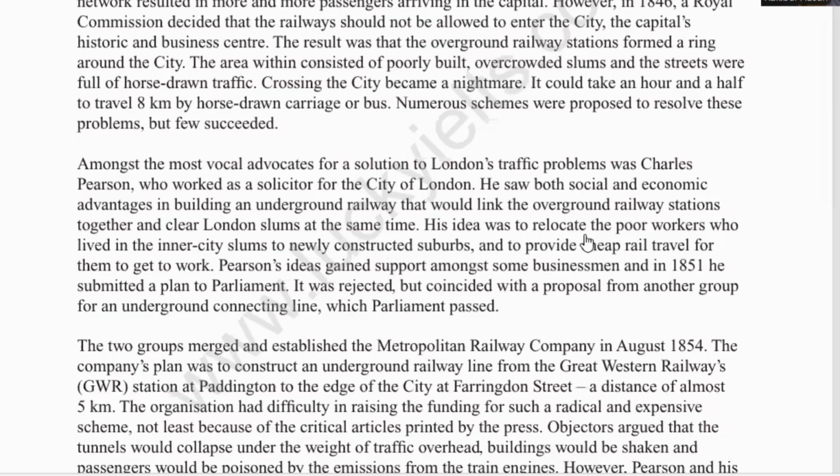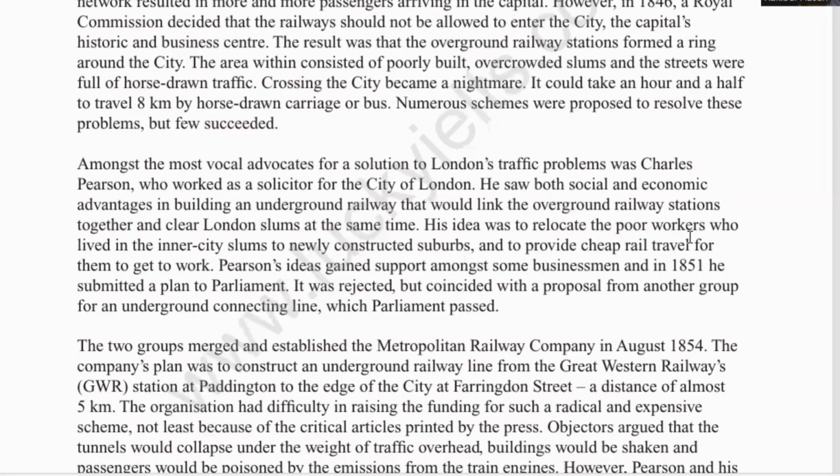So what would be the answer? His idea was to relocate the poor workers who lived in the city slums to newly constructed suburbs. Relocate means move.